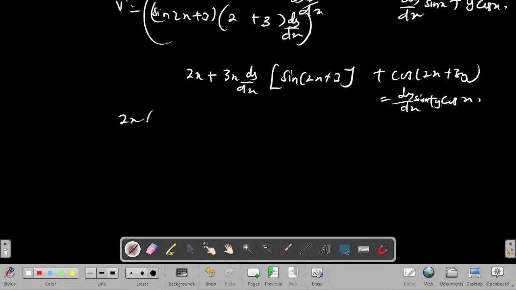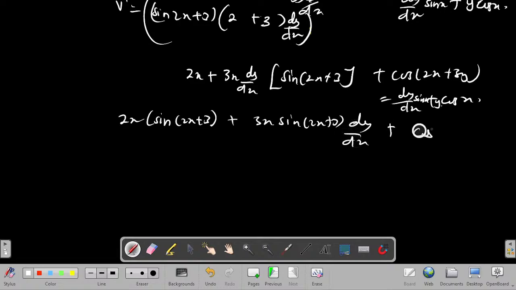So 2x multiplying sine of 2x plus 3y, plus 3x multiplying sine of 2x plus 3y dy dx, plus cosine of 2x plus 3y equal to sine x dy dx plus y cos x.